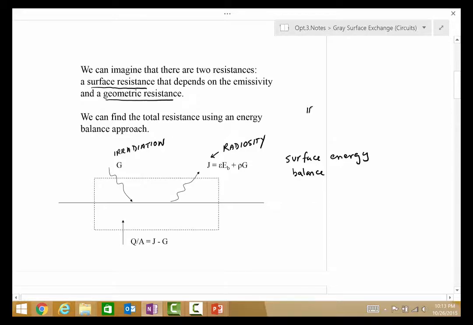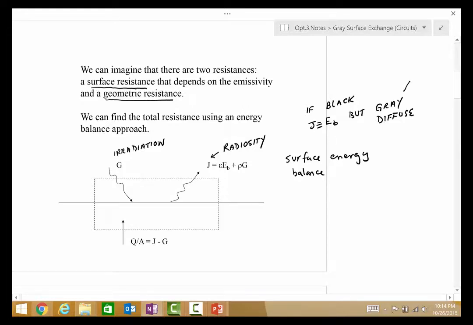If this were a black surface, J is identically equal to Eb, but we're not dealing with black surfaces now, we're dealing with gray diffuse surfaces. So diffuse is useful because it has a similar property as the black surface in terms of the incident radiation and the outgoing radiation not being directionally dependent. The gray approximation says that we don't have spectral dependence.